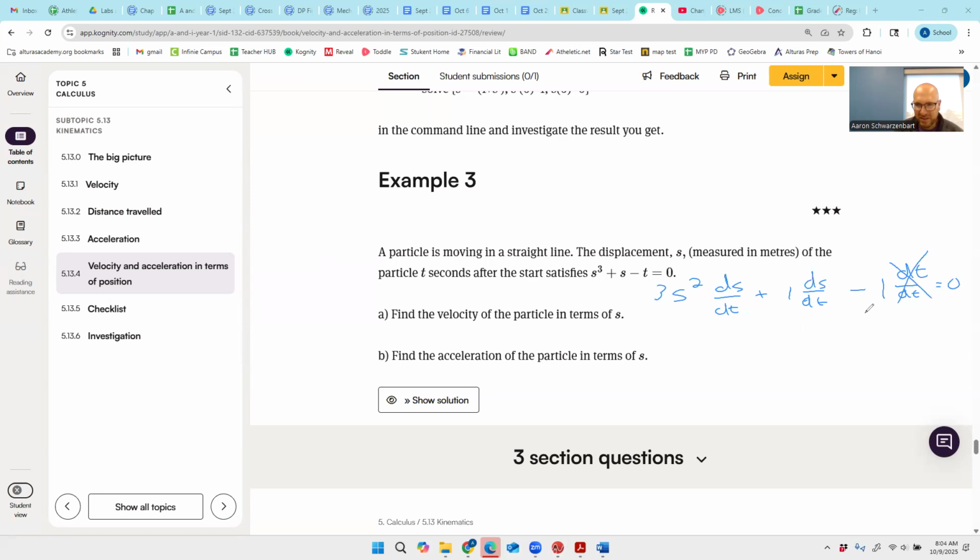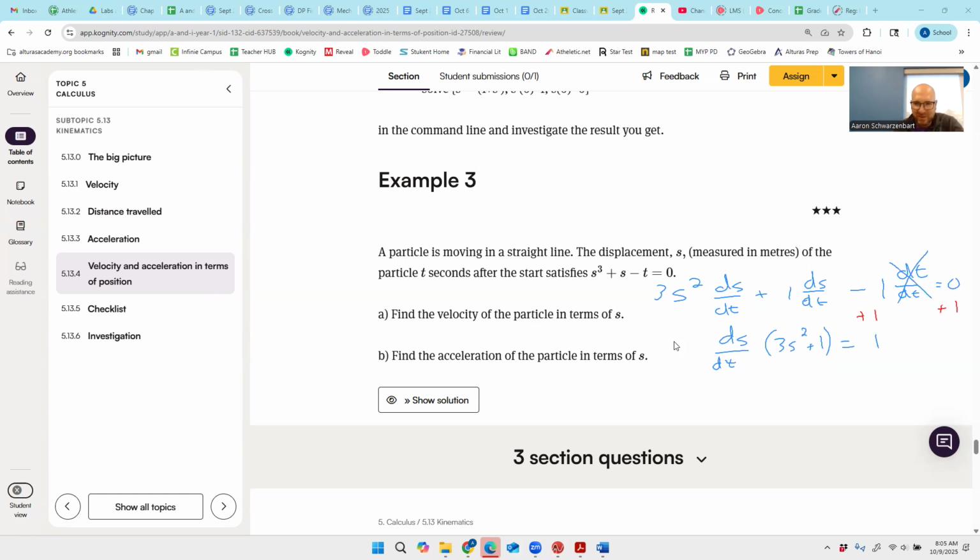I will solve for ds/dt, which I will start by adding 1 to both sides, and I will factor out a ds/dt. Then I'm left with 1 equals 1.